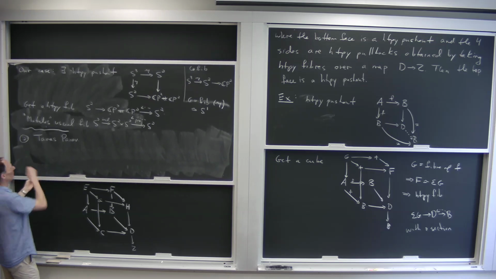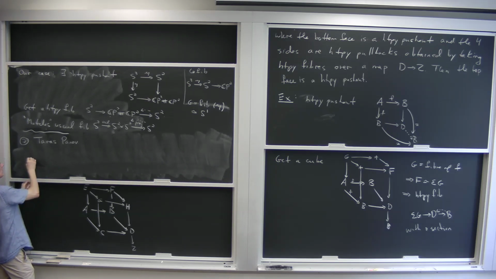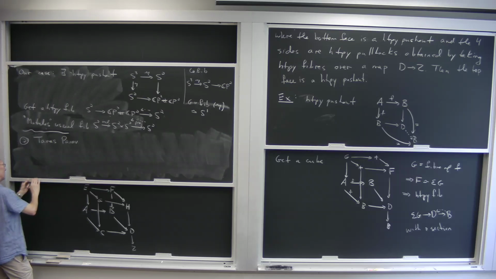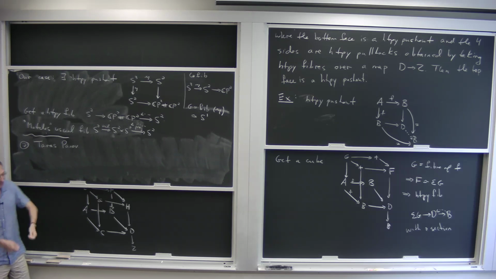Okay, so a little bit of setup. So this goes back to, let's see. Okay, so McGavran, before the invention of polyhedral products or moment angle manifolds or anything like that, showed that, phrased in today's language, if you take the boundary of an n-gon, where n is bigger than or equal to 5, and you look at the corresponding moment angle manifold, you get a connected sum of products of 2 spheres.